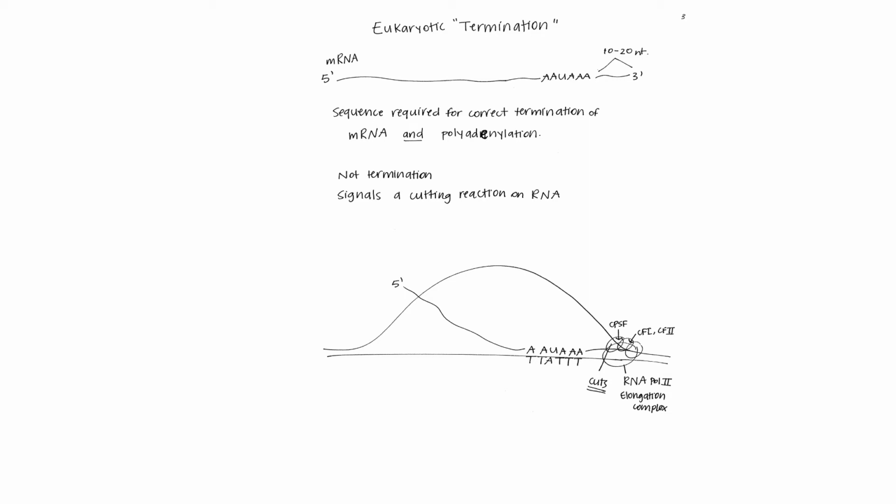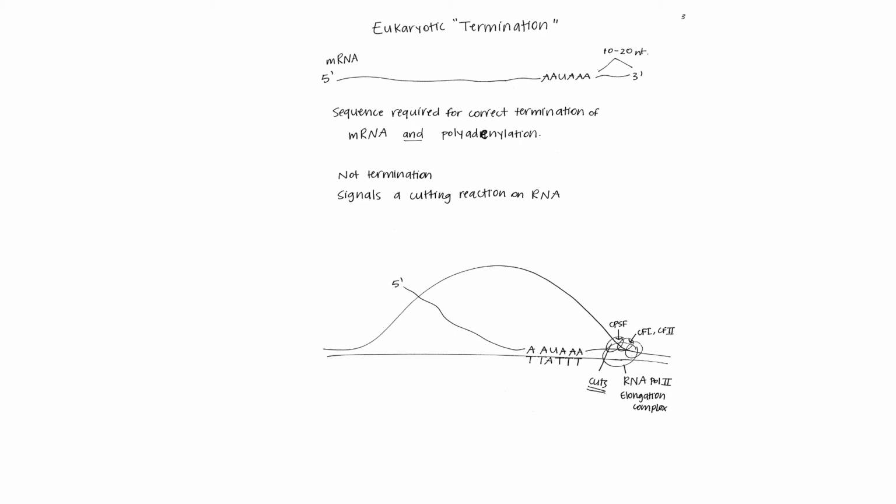The polymerase can go for another 1,000 or 2,000 nucleotides, and then it'll eventually fall off, and probably what happens is some of these elongation factors and other factors that are part of this complex start losing their affinity and leave the polymerase, and it stops. So we have termination in E. coli, and we have eukaryotic quote-unquote termination. Really, it's generating the 3' end by a cutting reaction.